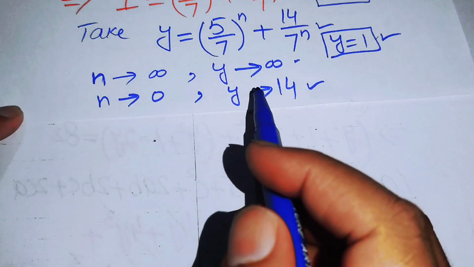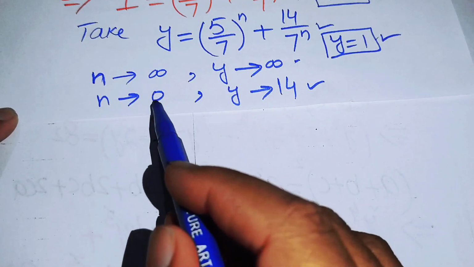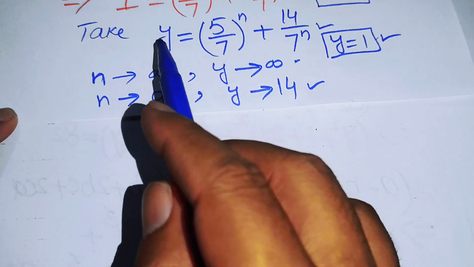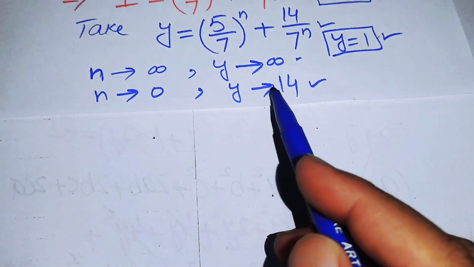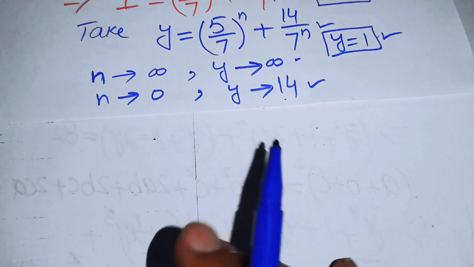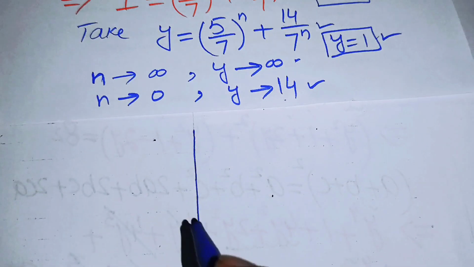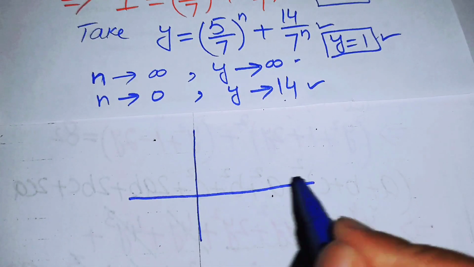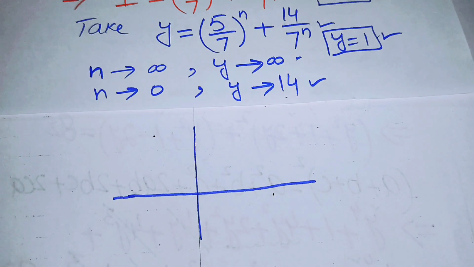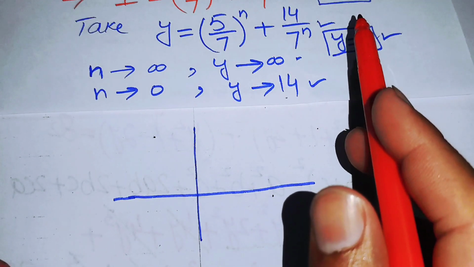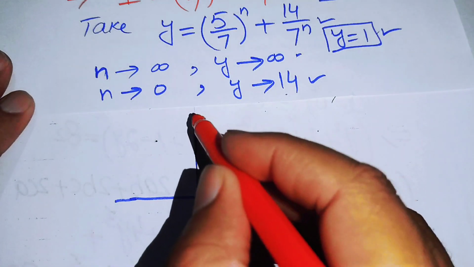So now we can draw these values. If n approaches infinity, then y approaches infinity, and it starts from 14. Now when we draw the graph of this function, this is our xy plane. First I can draw the function y is equal to 14.